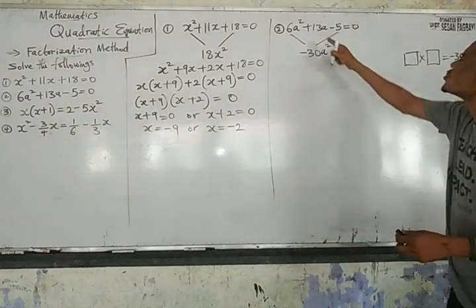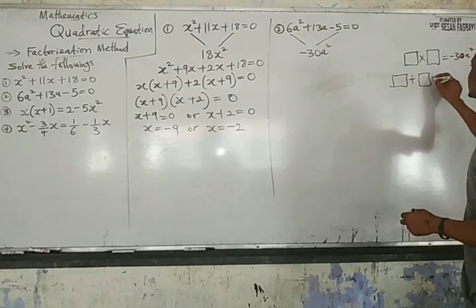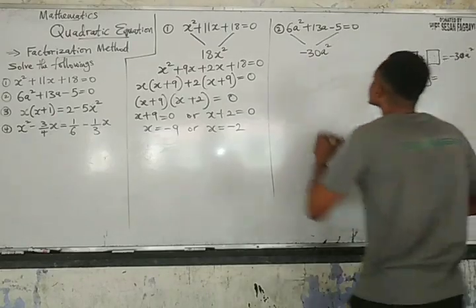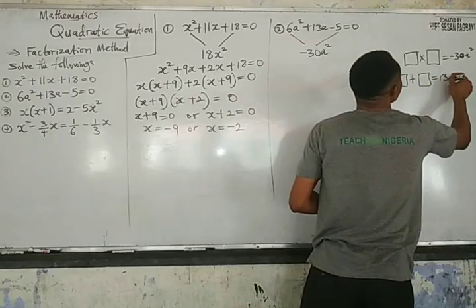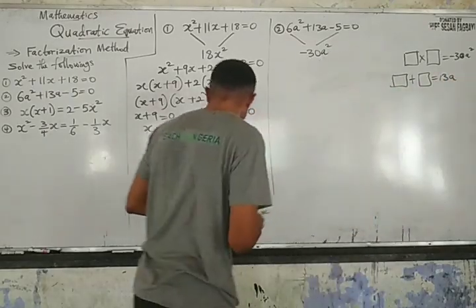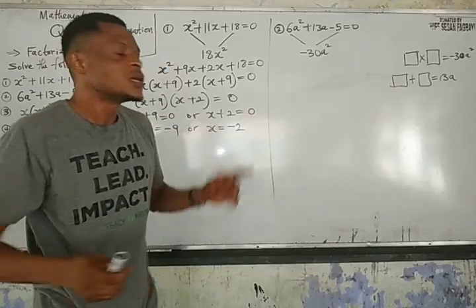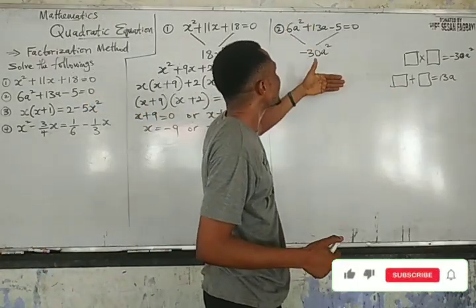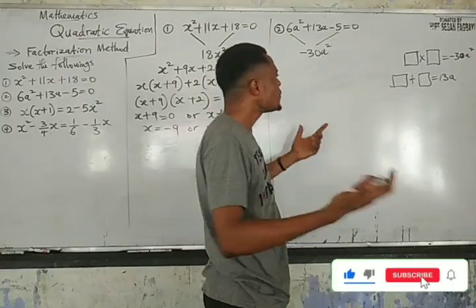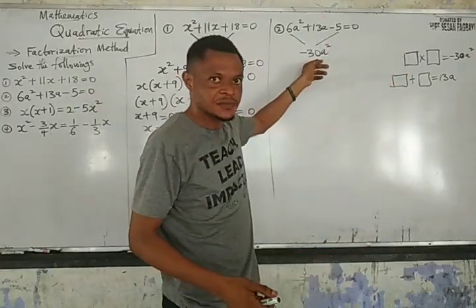And when you sum them together, when they are added together, it must give us the one in the middle, which is 13a. So we think, what are the two factors that we could use that will give us this? If we choose 10 and 3, fine. 10 multiplied by 3 will give us 30.